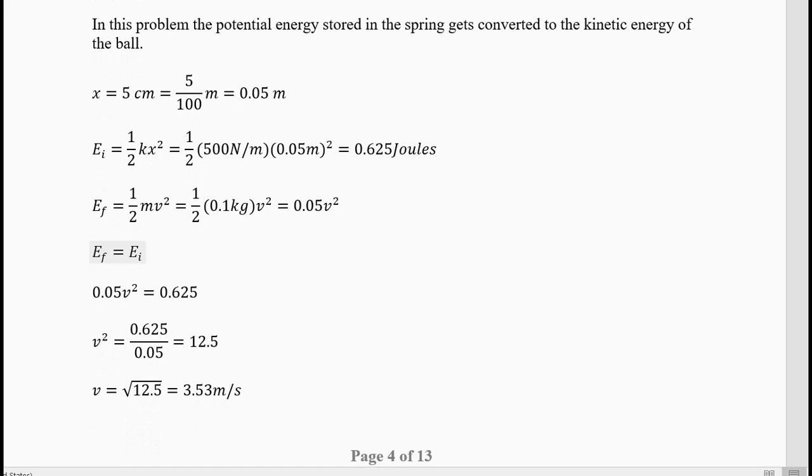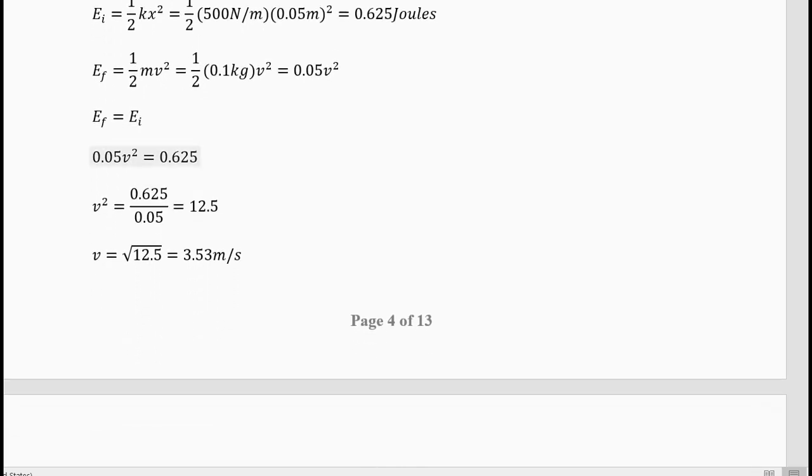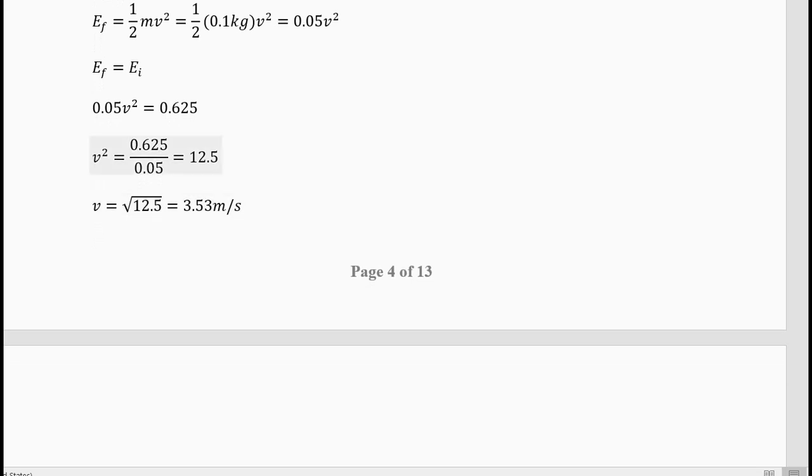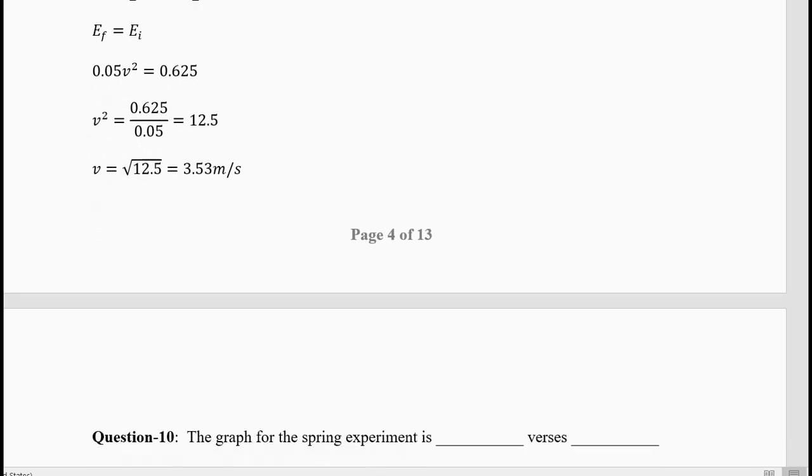E final equals E initial, so 0.05 v square equals 0.625. V square equals 0.625 divided by 0.05, which is exactly 12.5. Now remember, it is V square equal to 12.5, so V will be equal to the square root of 12.5, which is 3.53 meters per second.